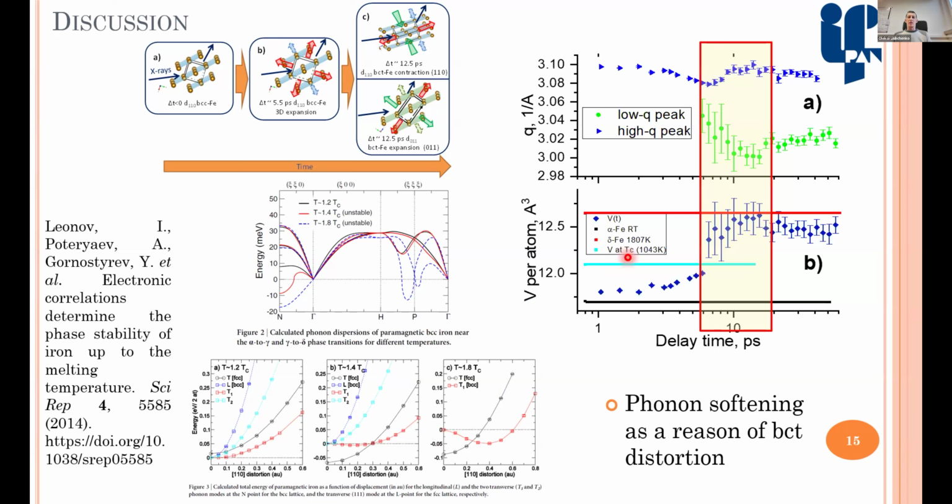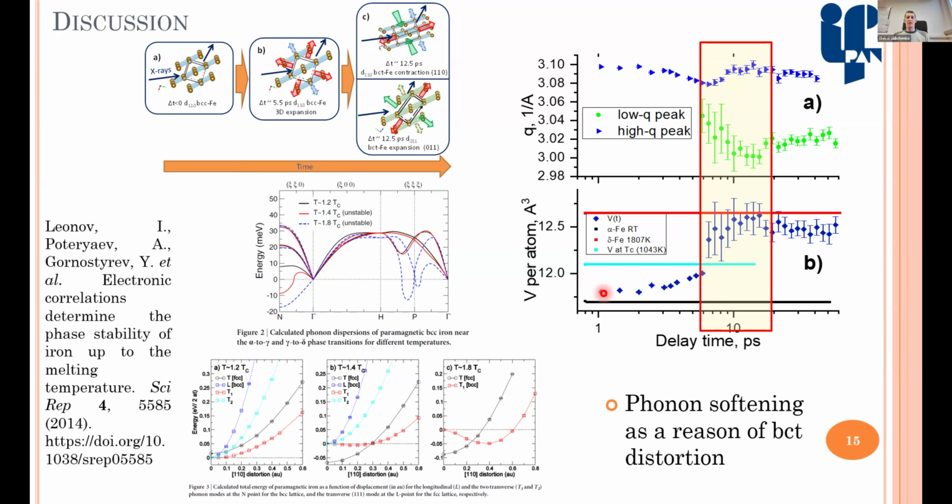And what if we assume that we have BCT distortion? From the Bragg peak positions we can calculate lattice parameters and the volume of the unit cell, the volume per atom.